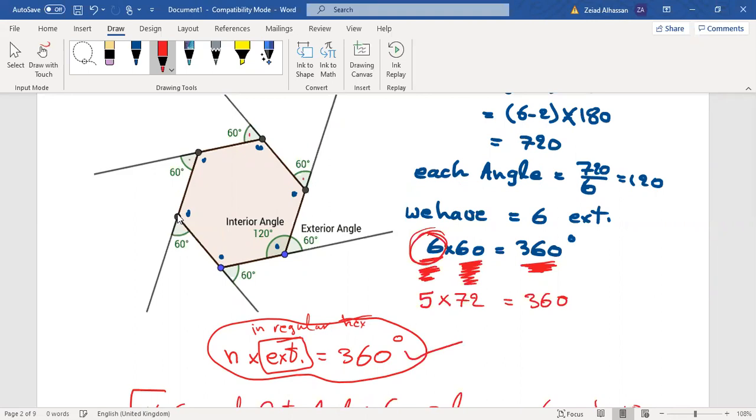If they are all 60s, then n times 60 equals 360. Now, if we know the exterior for a regular polygon, we can know the number of sides.